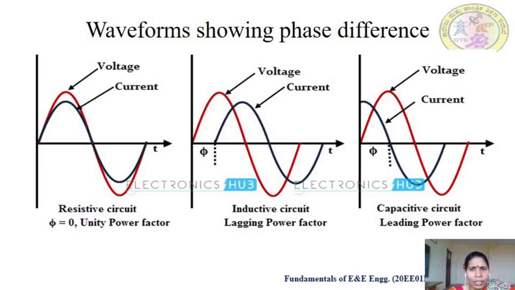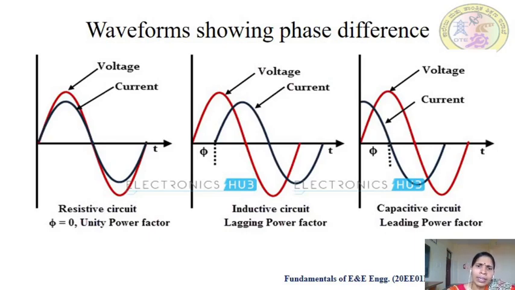So in the second figure, it is an inductive circuit. Here voltage is the red sine waveform. Current is represented in blue. Can you make out the difference?